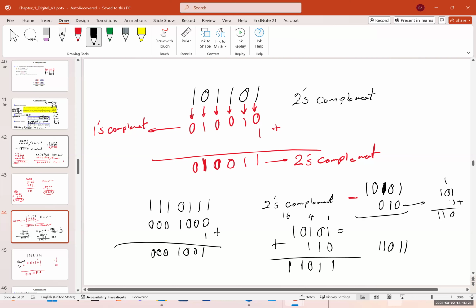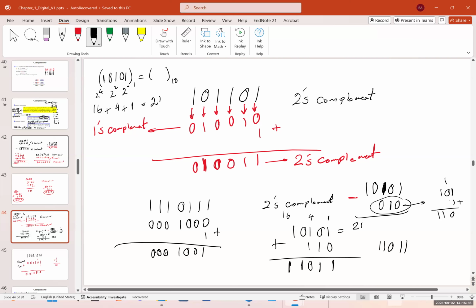Am I correct? 1, 0, 1, 0, 1 in base 2, what is it equal to in base 10? 2 in the power of 4 is 16 plus 4 plus 1. 21.